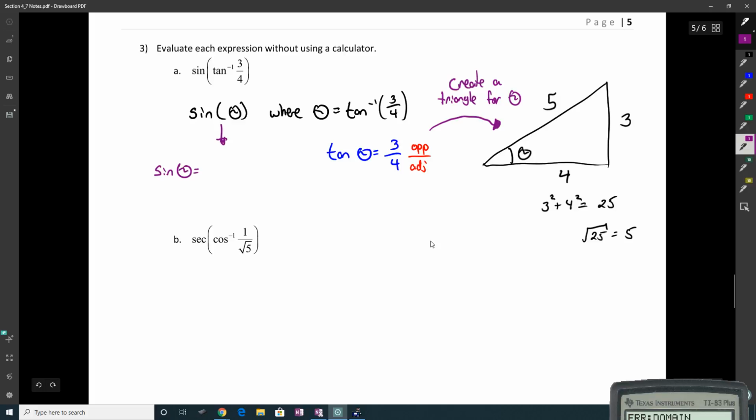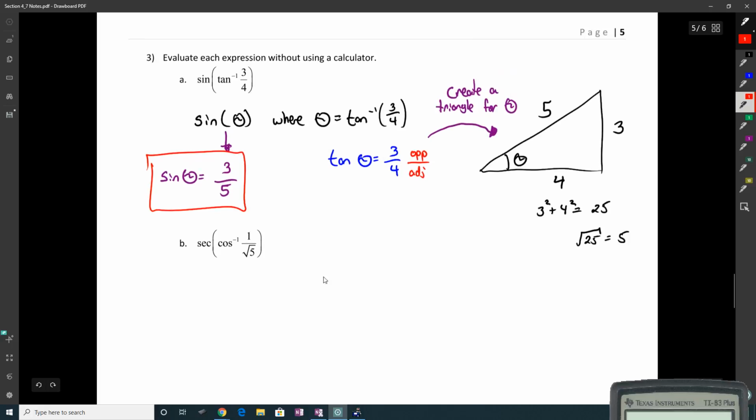So sine of theta, opposite is 3, hypotenuse is 5. There's my answer. So these are fun. You're going to see that in the homework, they really like this question. They're going to ask it a lot. And it's a popular test question you see on tests and exams. So let's look at the next one.